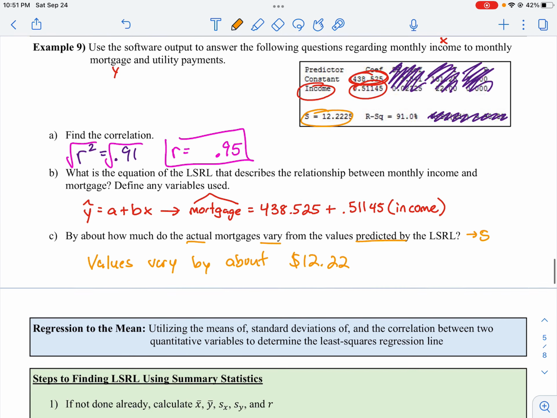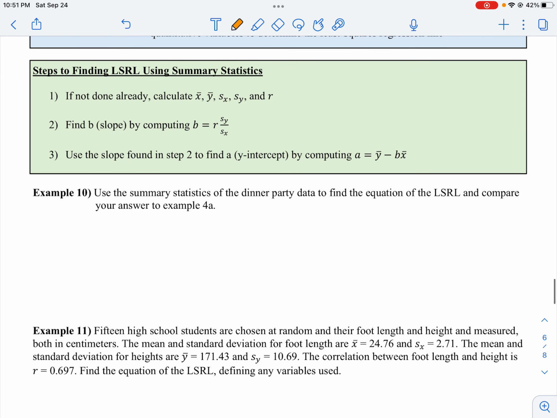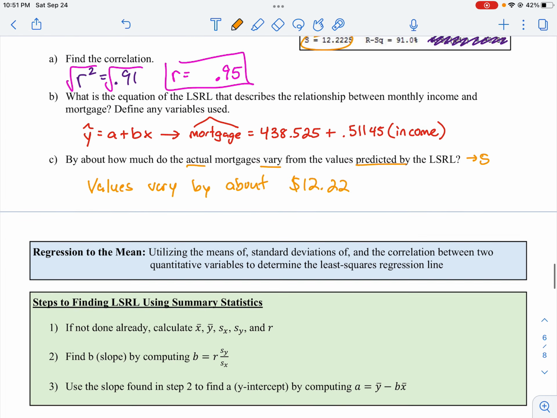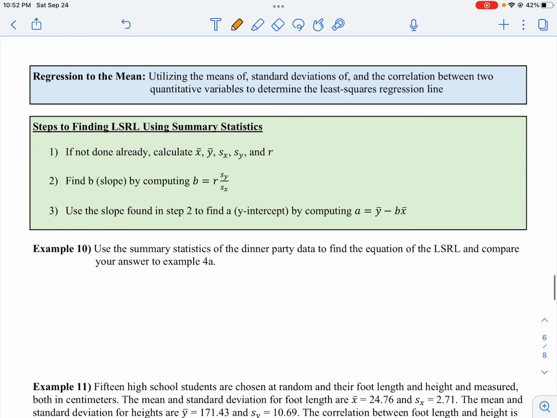Now, for the last thing we are going to do today, we are going to figure out how I can find the least squares regression line with different information. So if you have all of the data pieces available to you, or if you have a Minitab output, that's all very beneficial for you. But if you don't have that, if you have a different set of information, we need to know how I can find my least squares regression line from there.